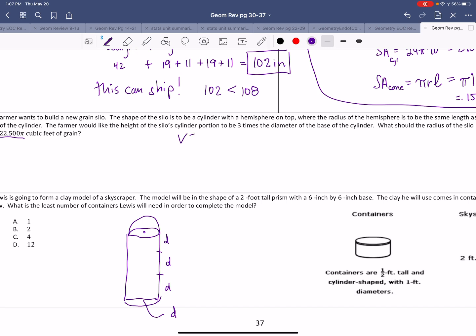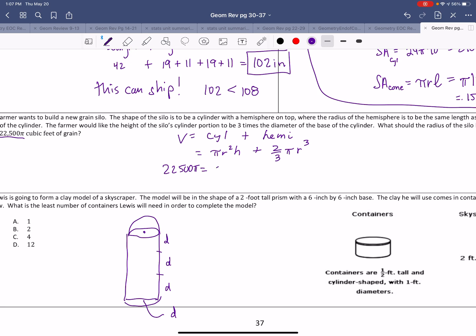So the volume is the cylinder, plus my hemisphere. So my sum is the area of my base times however I stacked it, and my hemisphere, instead of 4/3 pi r cubed, is 2/3 pi r cubed. So we find that the volume is this number.